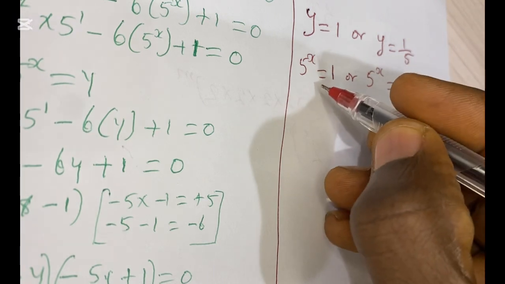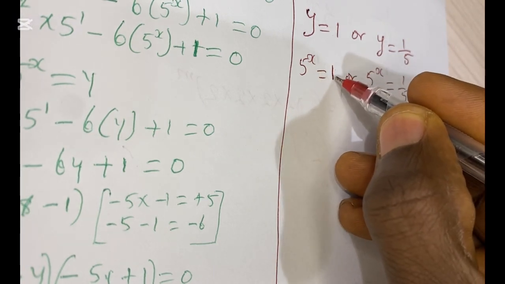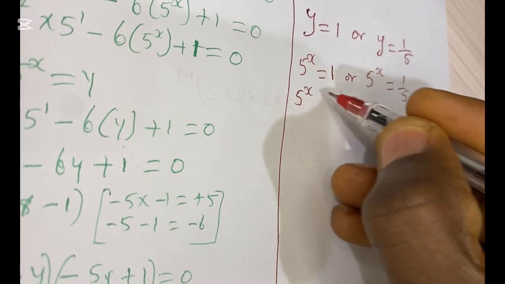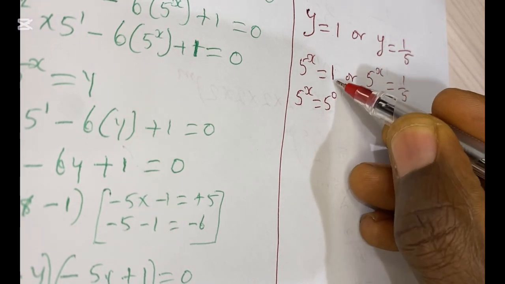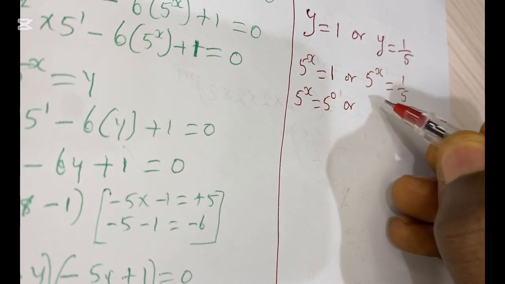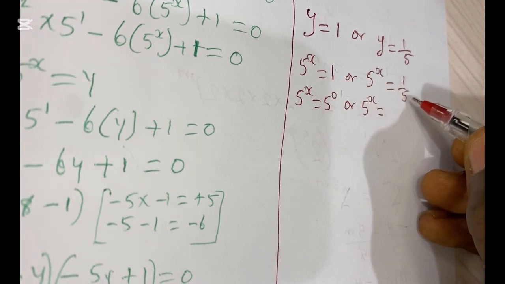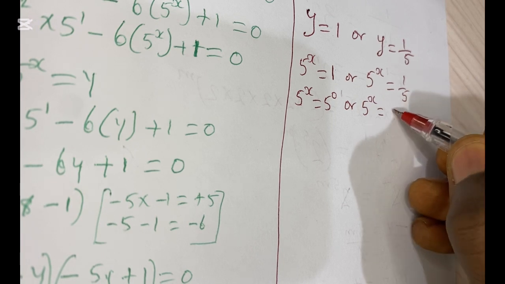Remember that anything raised to the power 0 is 1 in indices. So 5 raised to the power x equal to 5 raised to the power 0 is the same thing, because 5 raised to the power 0 is still 1. Or 5 raised to the power x equal to 1 over 5, and 1 over anything means that thing raised to the power minus 1.